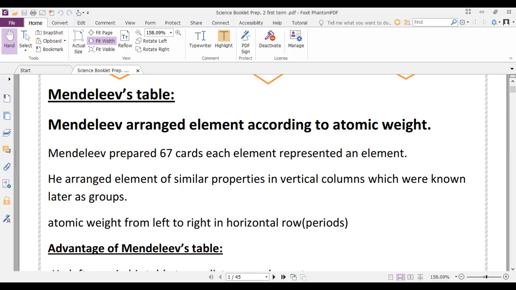So this is the difference between period and group. Listen to me. This is called what?